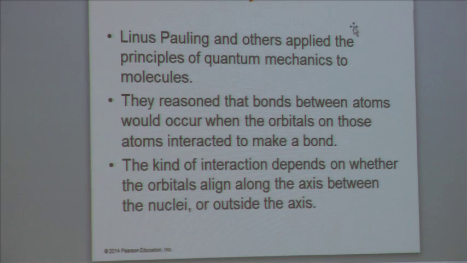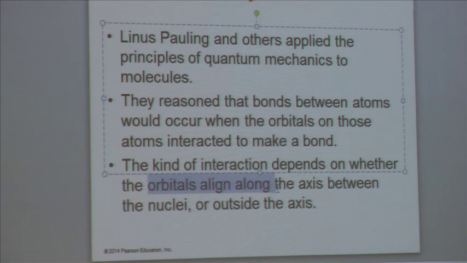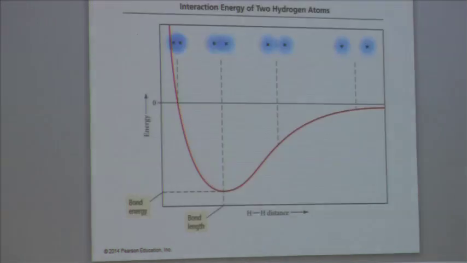So we have to turn to another theory, the valence bond theory that Linus Pauling and a few other scientists point out that the interaction depends on whether the orbitals align along the axis or outside the axis.